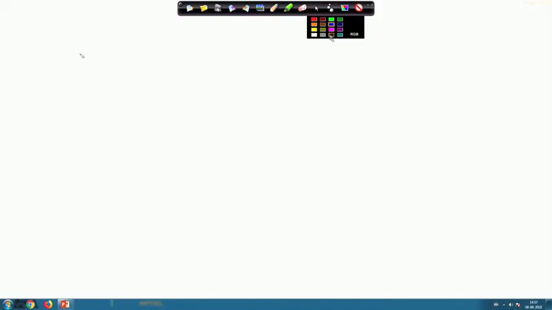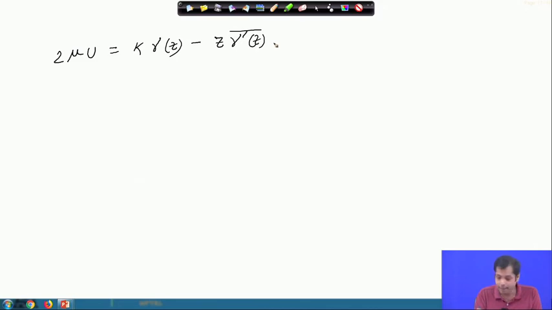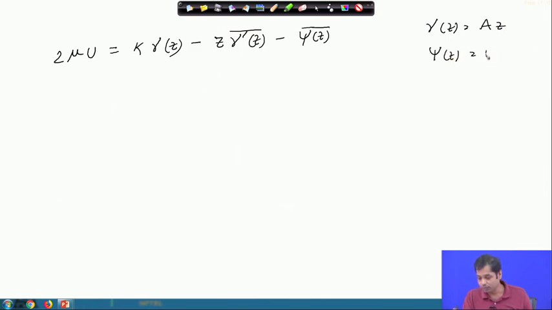The expression from Navier's equation was something like this: 2 mu u is equal to kappa, which depends on plane stress or plane strain formulation, gamma z minus z gamma dash z conjugate minus psi z conjugate. And here we have gamma z equal to az and psi z equal to bz.